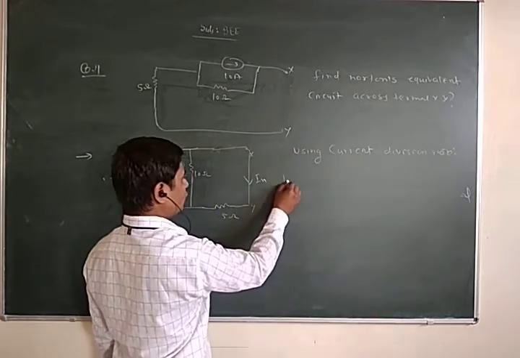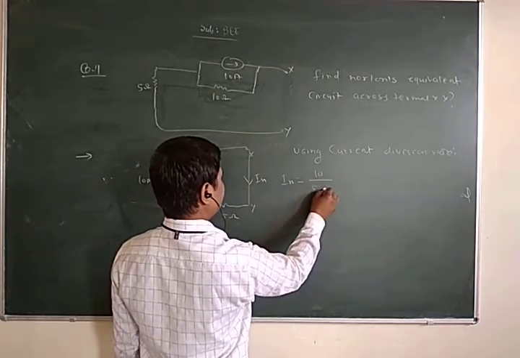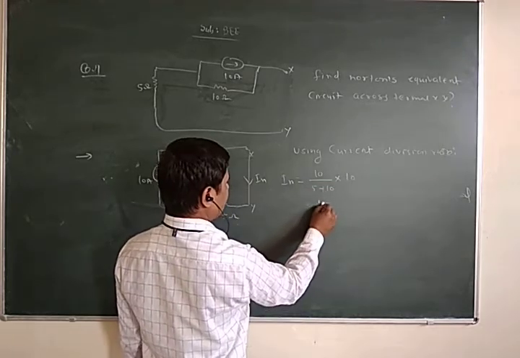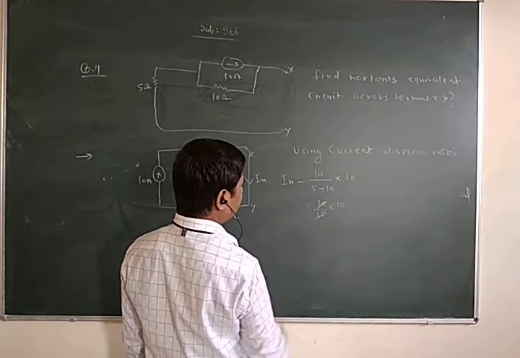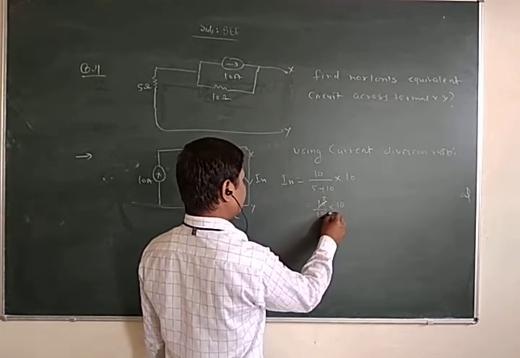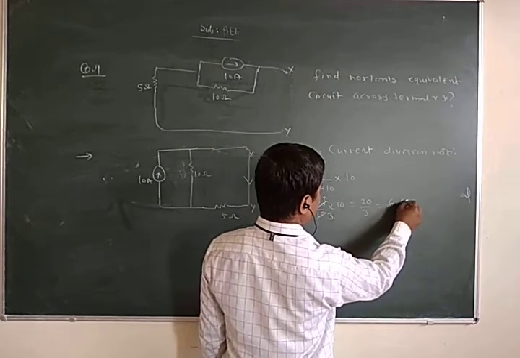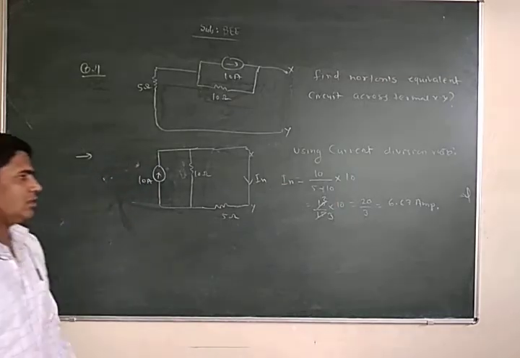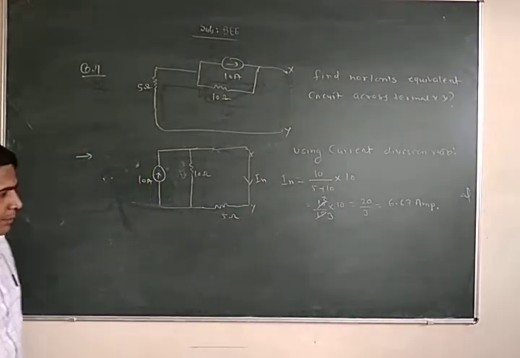IN is equal to 10 divided by 5 plus 10, into 10 ampere. That is 10 upon 15 times 10, which is 20 divided by 3, that is 6.67 ampere. So Norton's current is 6.67 ampere.